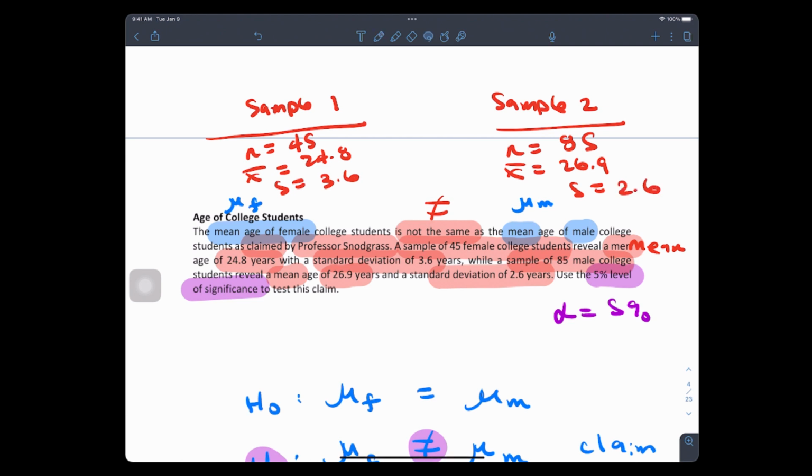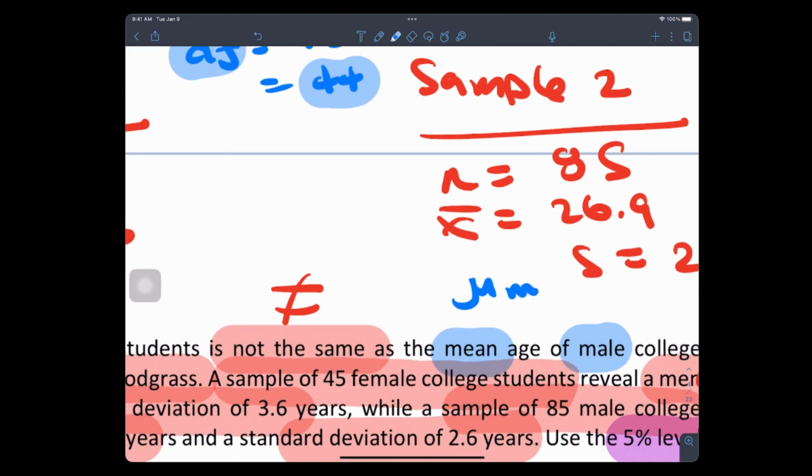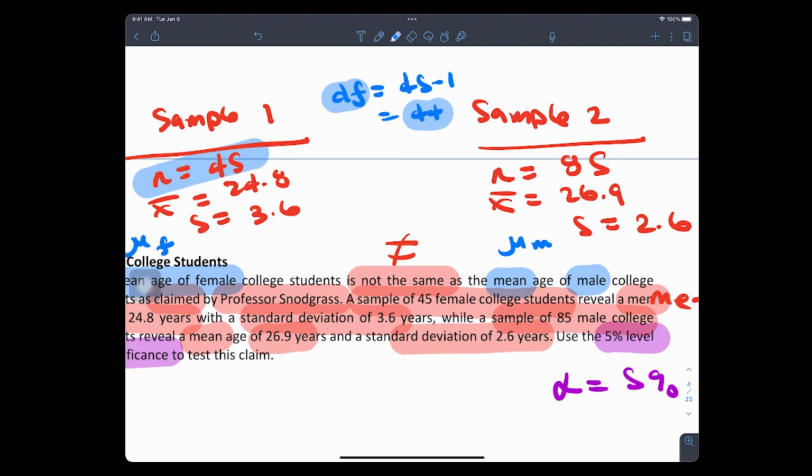2.6. So notice this. The degree of freedom they want you to use is 45 minus 1, which is 44. Why is that, ladies and gentlemen? Because what was smaller? 45 versus the 85. So there's only one number you're going to use. It's the smallest sample.